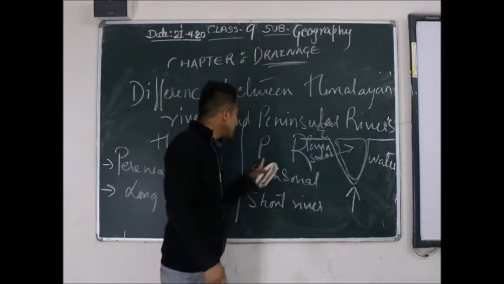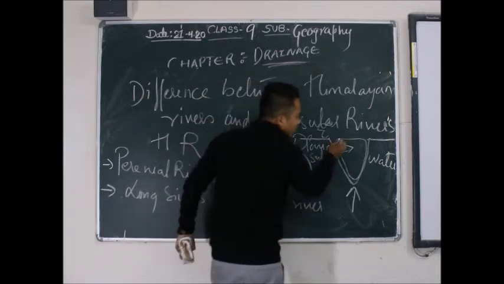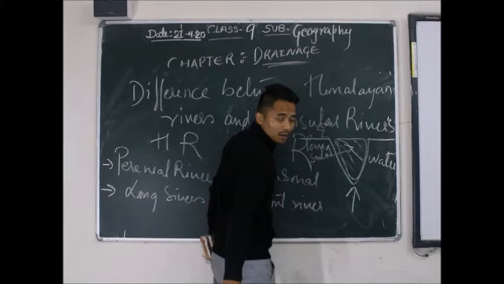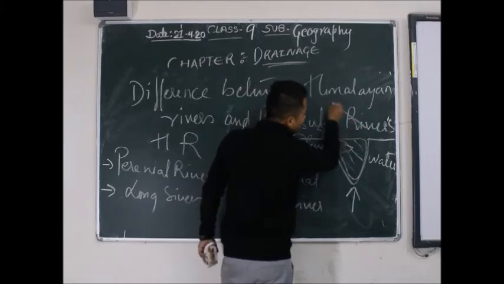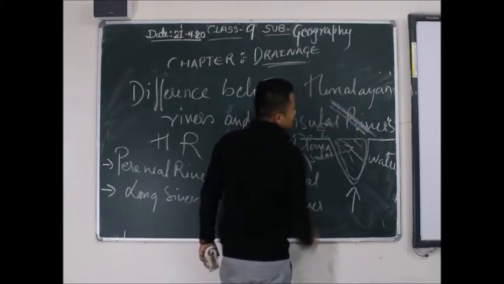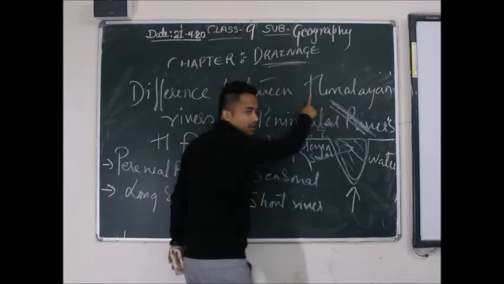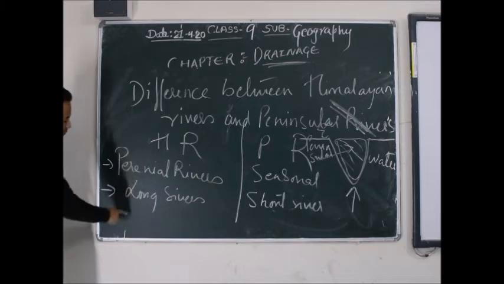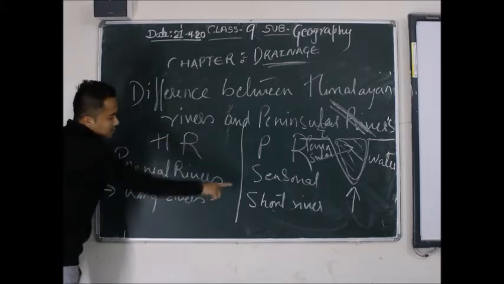These peninsular rivers usually occur in these areas, and the Himalayan rivers occur where mountain ranges are, on the northeastern and northern side. In that manner, Himalayan rivers are long and peninsular rivers are short.